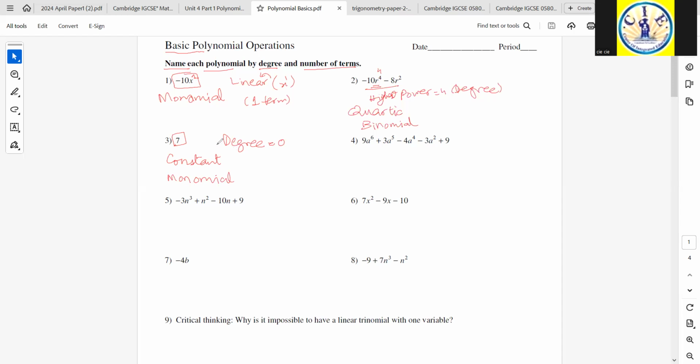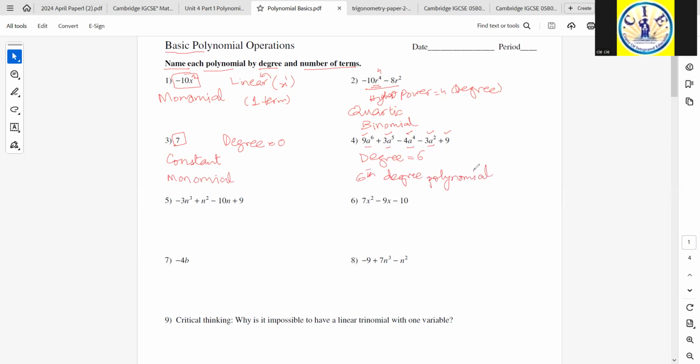Then for question number 4, we see that the highest power of the variable is 6. So degree is 6 and it has got 1, 2, 3, 4, 5 terms. So sixth degree polynomial.